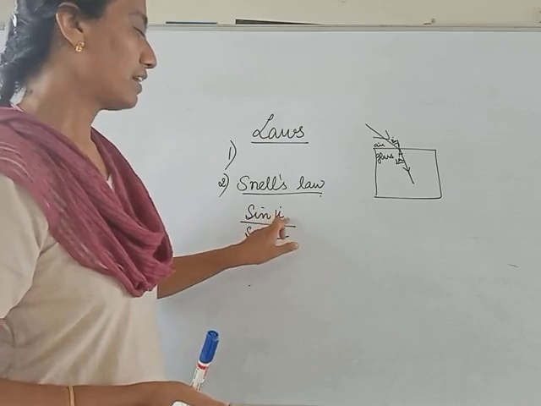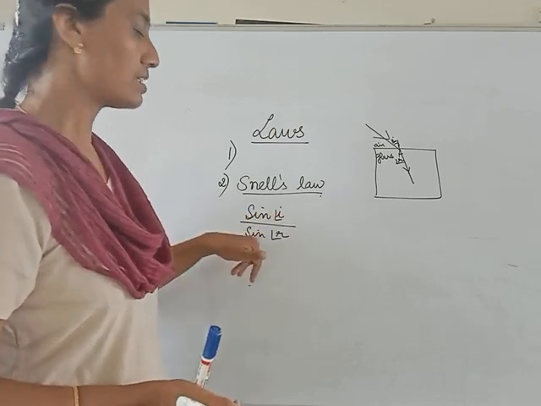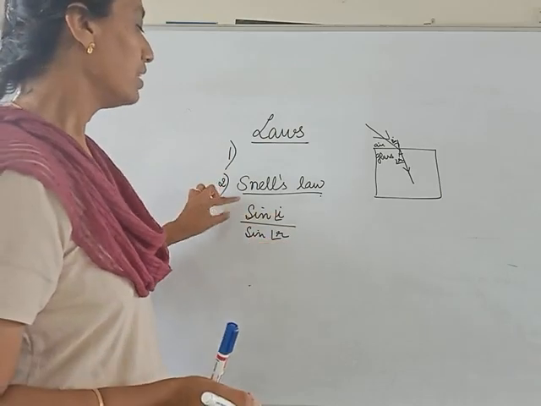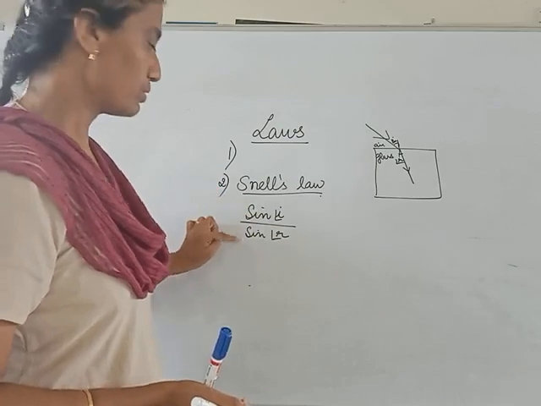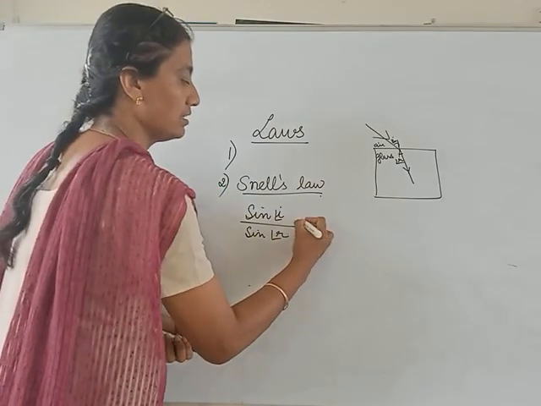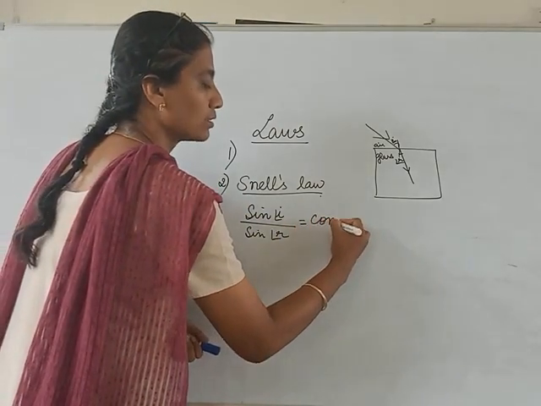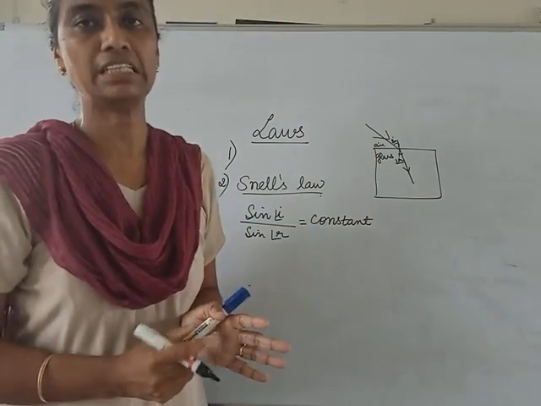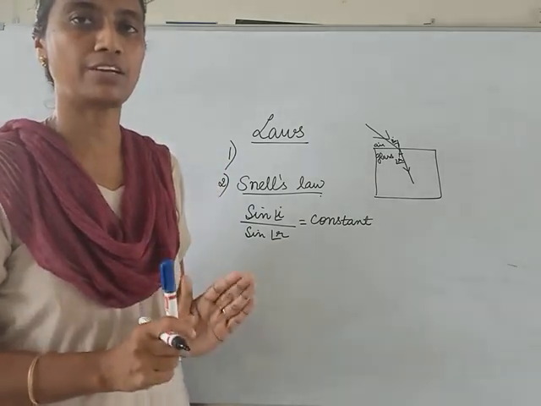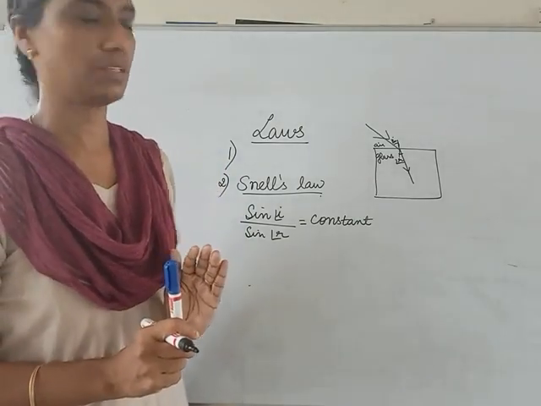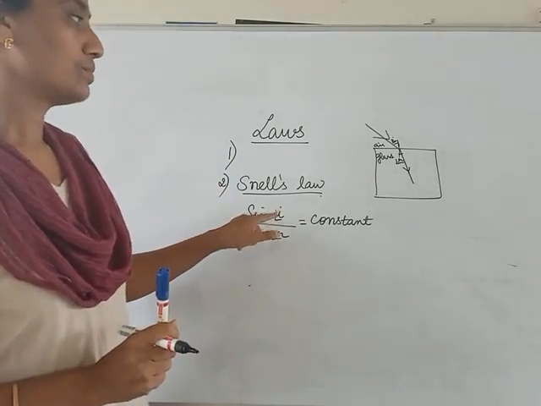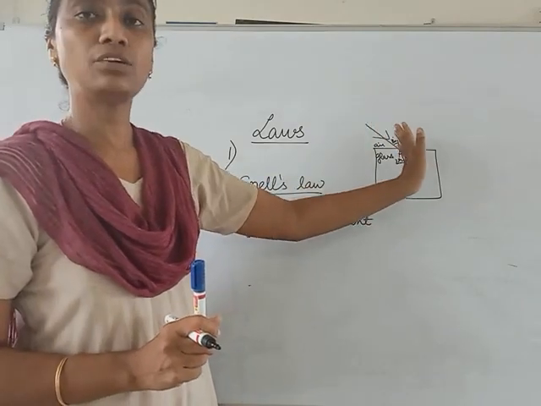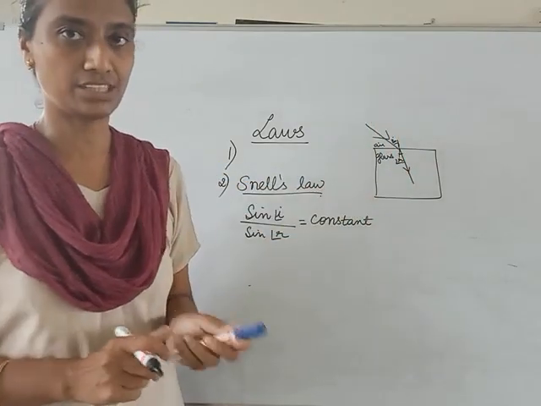So, sine of angle of incidence upon sine of angle of refraction is always a constant for a particular pair of media. For a particular pair of media. Okay. Now, you know that depending on I, R will also change.